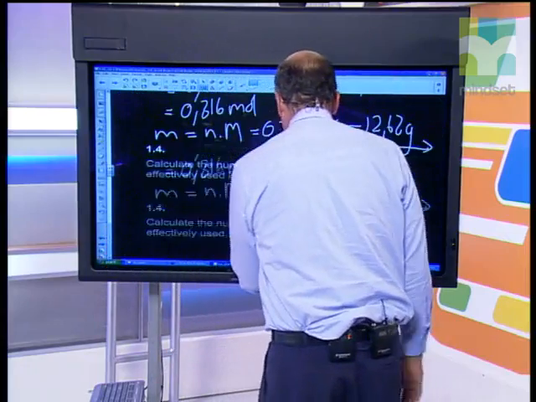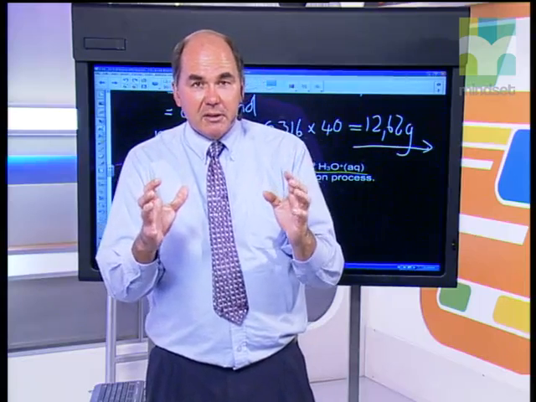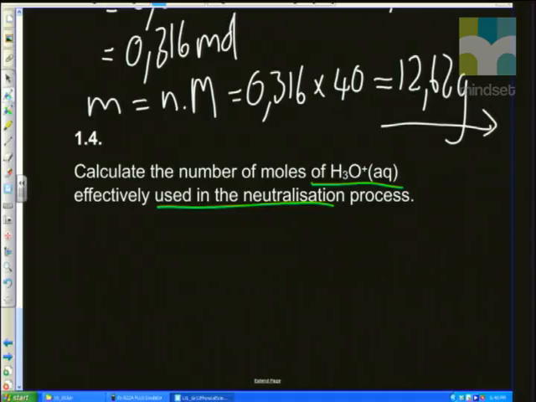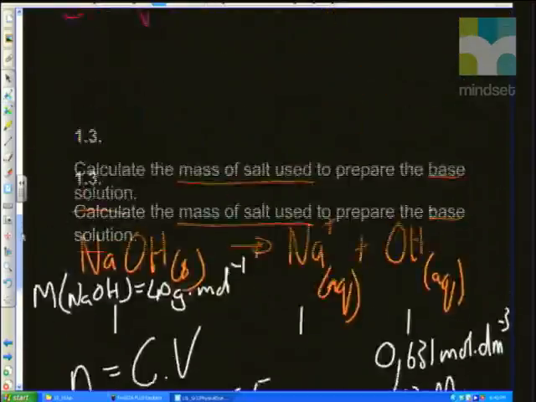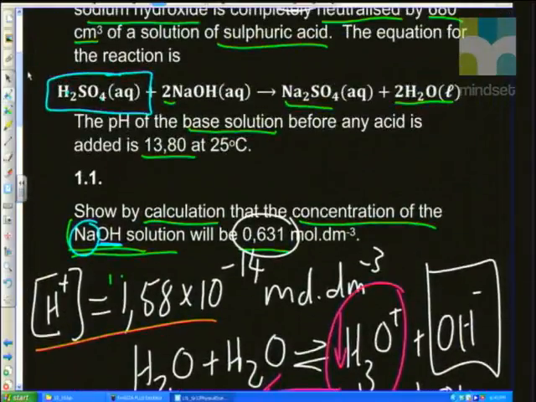Last question for this is calculate the number of moles of the hydronium ion effectively used in the neutralization process. Wow, guys, this is a really important question. So, we need to understand that we started off with, let's go back to our figures, and we're going to work with this equation.